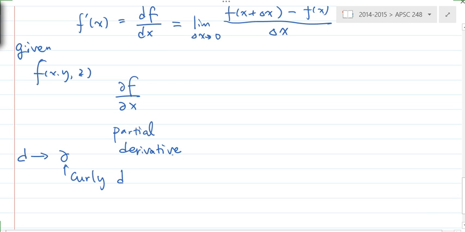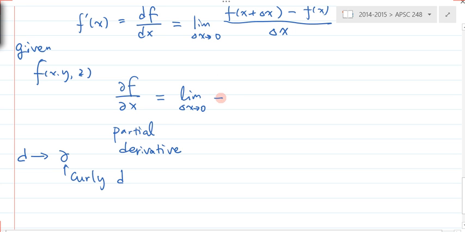Partial derivative. Why is it partial? Because we have 3 different variables, x, y, z, and we're taking this derivative only with respect to x. So that's why it's called a partial derivative. So what's the definition of the partial derivative? Very similar to a single variable function, where you have delta x going to 0.